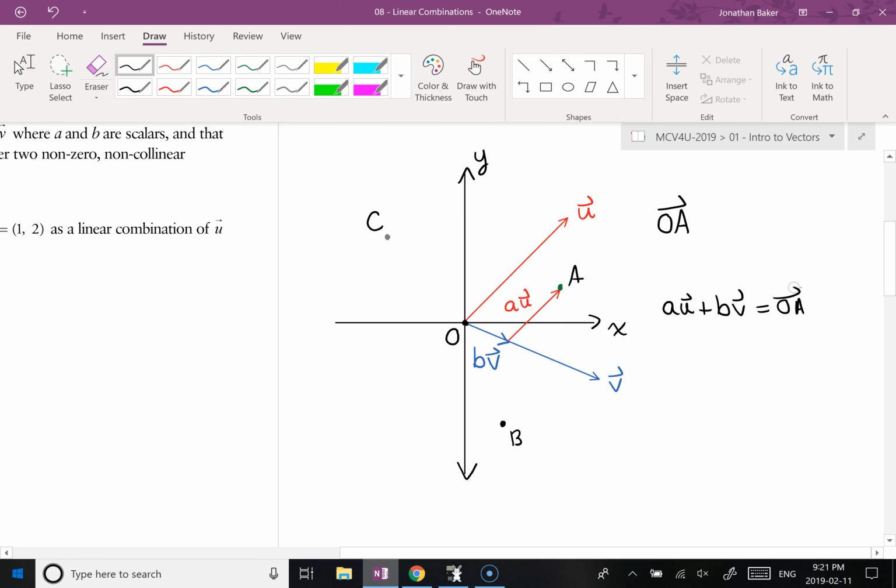This would be the vector from, and we'll use gray here, from here to A.